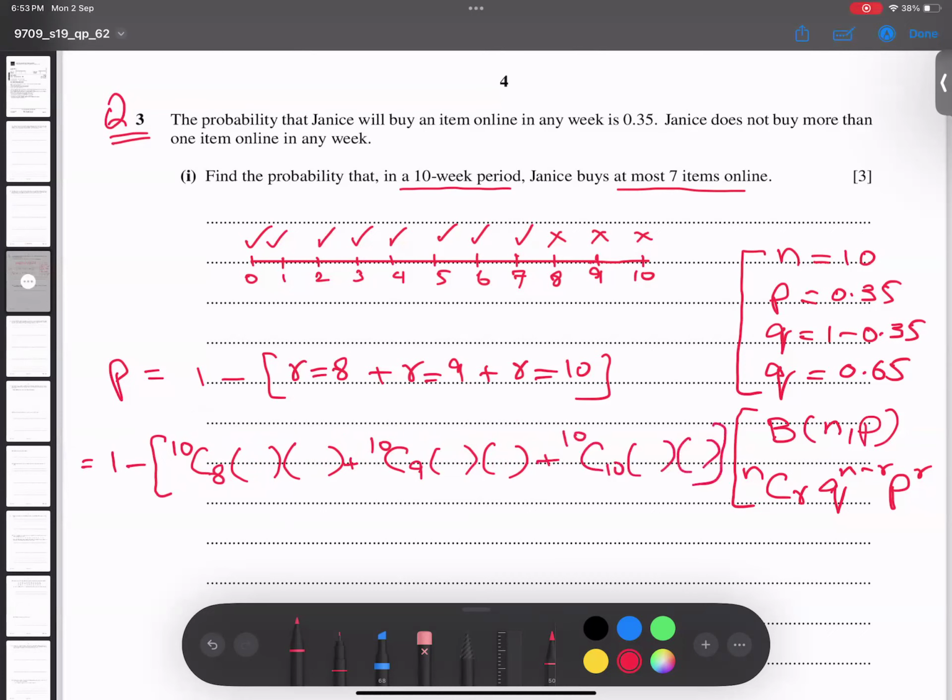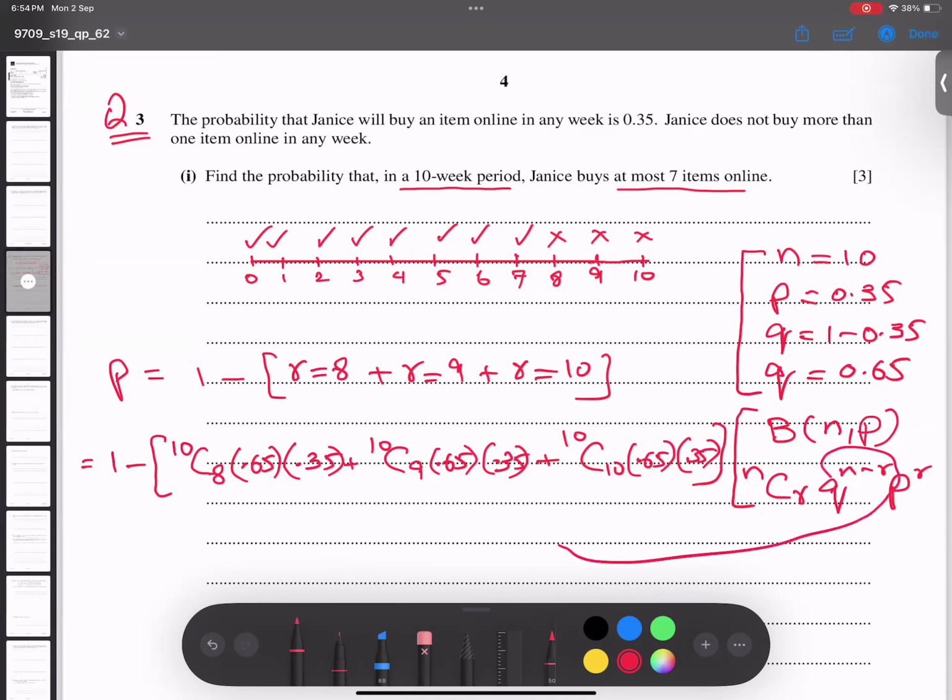So this is the working. In each first bracket we have Q, so Q is 0.65, and 0.35 is P: each first bracket Q, second bracket P.